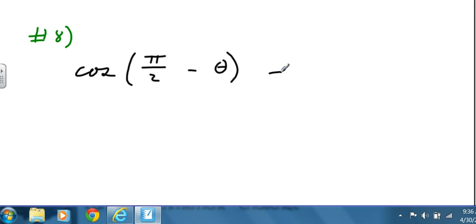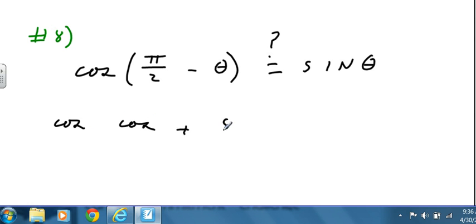Okay, and we want this to be sine theta. And if we can't make it sine theta, then what good are we? All right, so we want the minus the cosine. So minus the cosine is going to be cosine cosine plus sine sine. All right, so cosine, sine, sine.